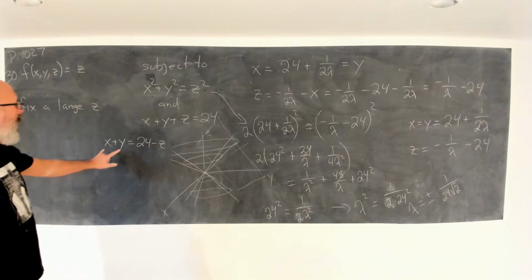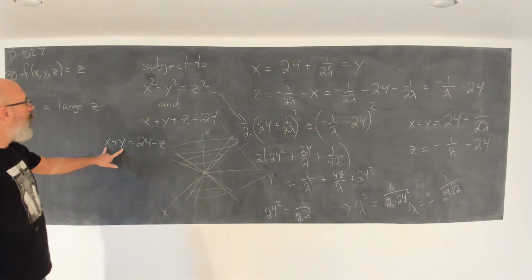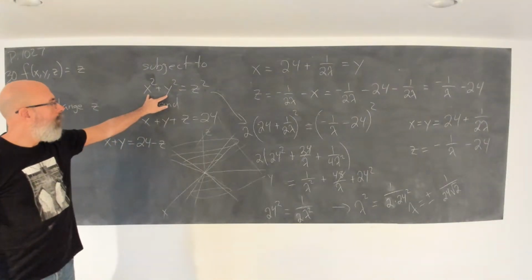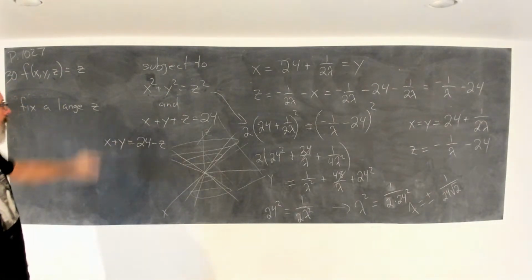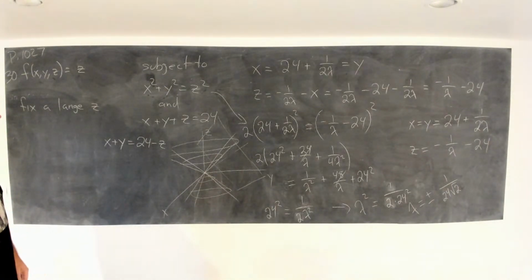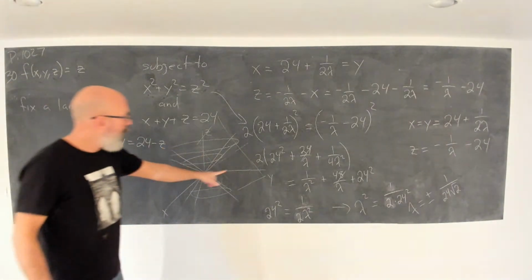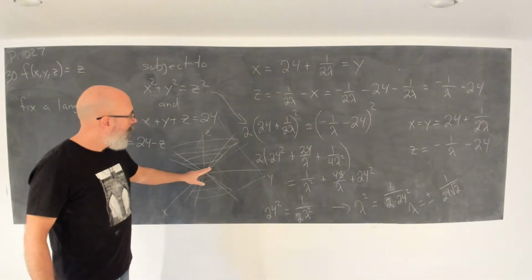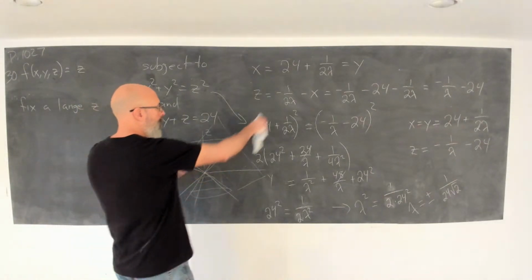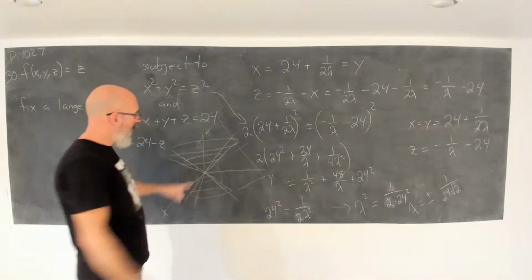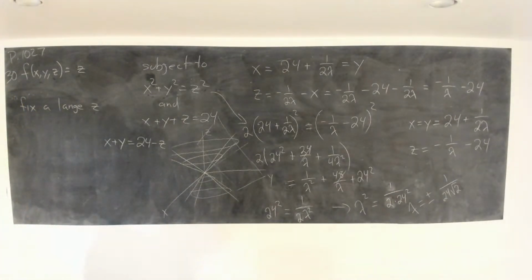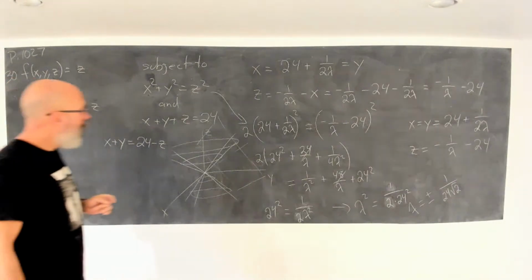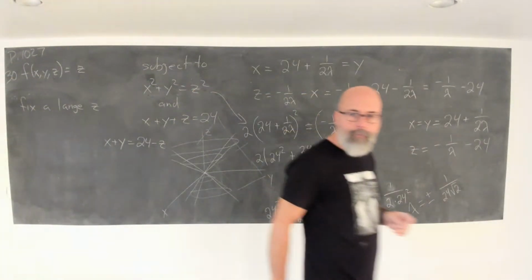So could you have 2 large negative numbers squaring to give you that large value of z? Or from here, since this plane goes off forever and so does this cone, I think it's clear that you can get large values of z.